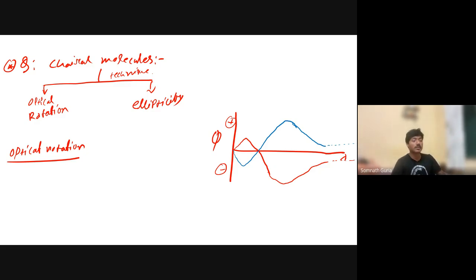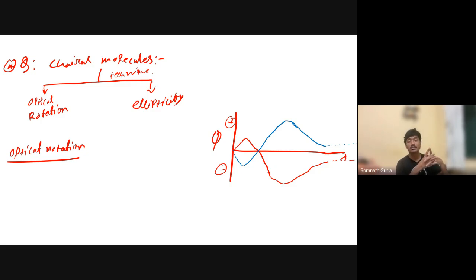Okay, another point is if we want to find whether it is the D or L isomer. Sorry, let's suppose we have D glucose and L glucose.